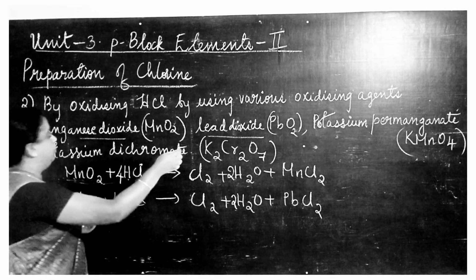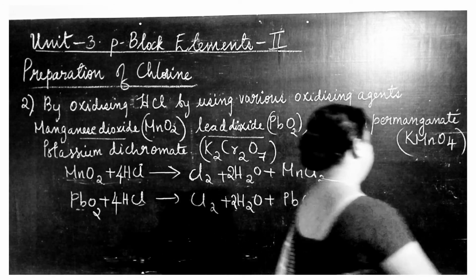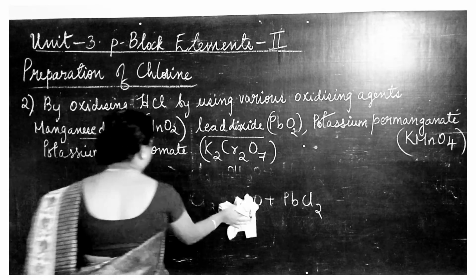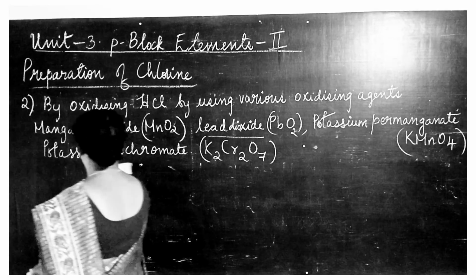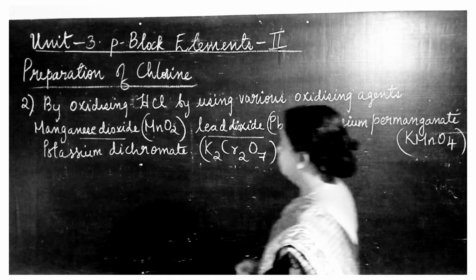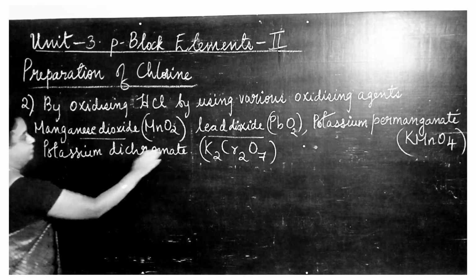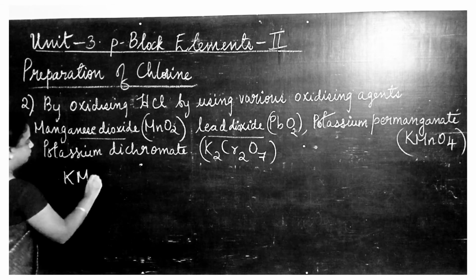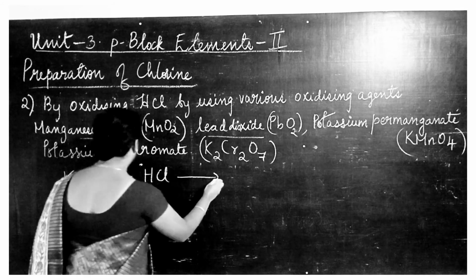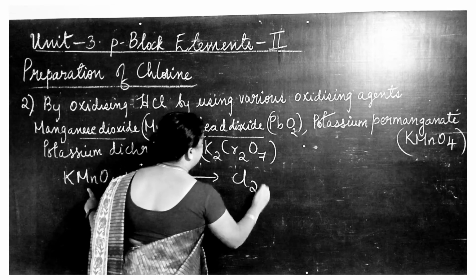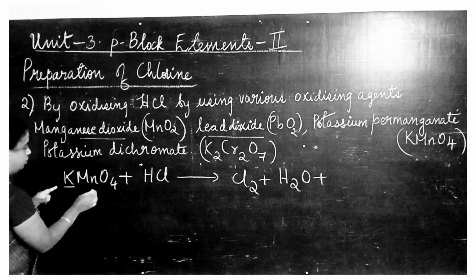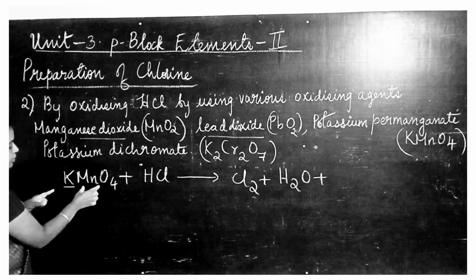Okay. Now next we will see the potassium permanganate. Now we will see potassium permanganate KMnO4 reacts with HCl to give chlorine gas, plus always water will be formed, plus here 2 metals are there, potassium is also there, manganese is also there.